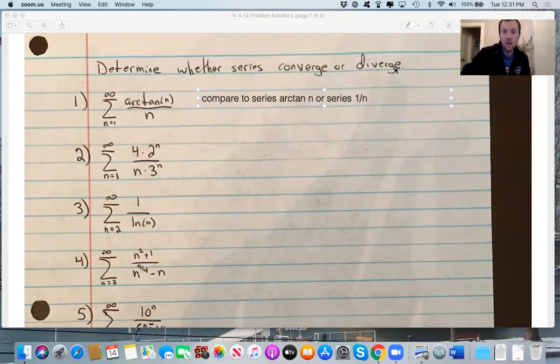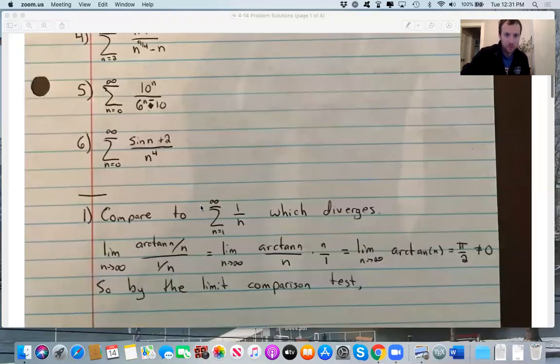If we compare it to 1 over n, we know that that diverges. This is a p series because this exponent is 1, but also this is just a series we explicitly analyzed, and we said that this series diverges.